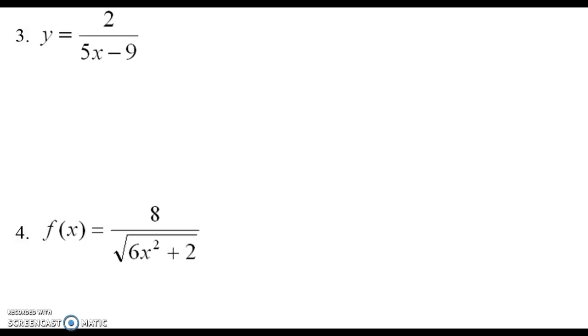When we look at number 3, it looks like we could use the quotient rule, and we totally could. It would work out just fine. Let's apply the chain rule, though, since that's the section we're in. I can rewrite this function as being 2 multiplied by 5x minus 9 to the power of negative 1.